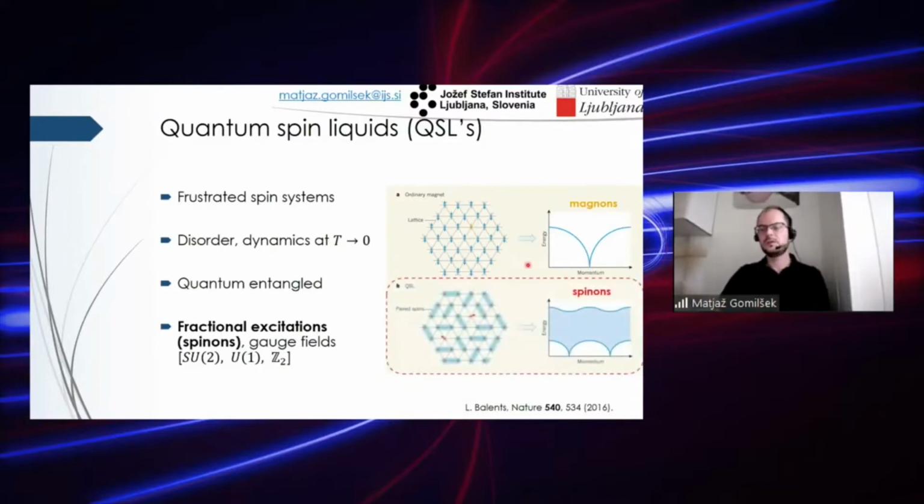But in a spin liquid, if we break one valence bond, so one singlet on the lattice, we get actually 2 spins that are flipped, and they can move away one from the other at almost 0 energy cost. And because the spin flip fractionalizes into 2 spin 1/2 spinon excitations, we call them, that move one away from the other almost freely, we get a continuum of possible excitation energy, so a continuum of scattering in neutron scattering experiments, for example, instead of a sharp magnon band.